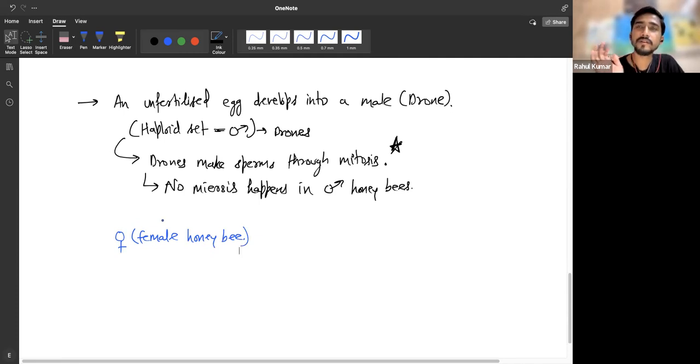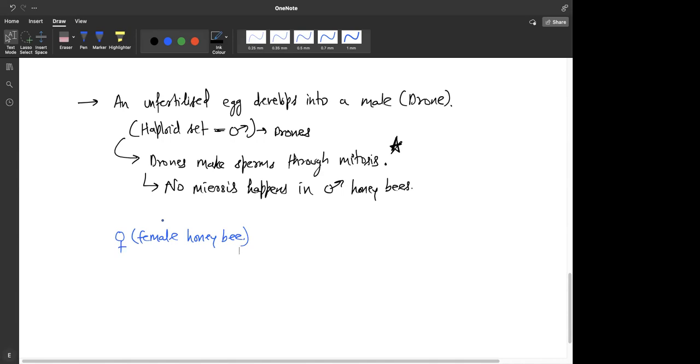So the moment the queen is about to die or she dies, the ban will be lifted. When they get out of the effect of pheromones, they can again start becoming fertile. And that is a problematic thing because now when they are fertile, they will like to reproduce and lay eggs, right? Yes or no?